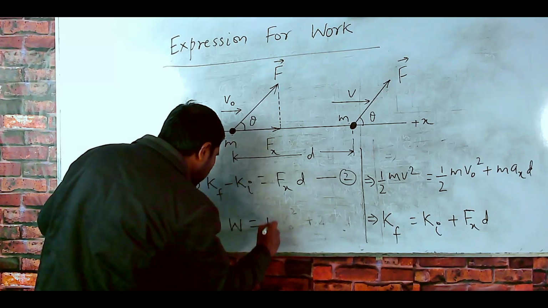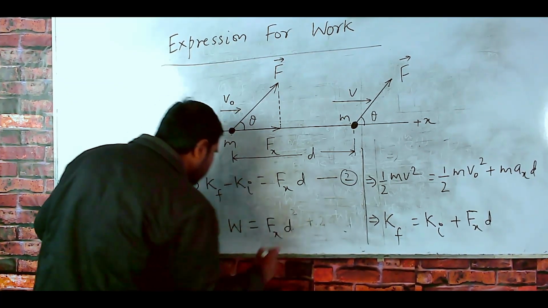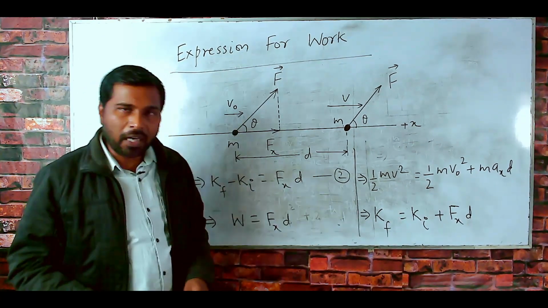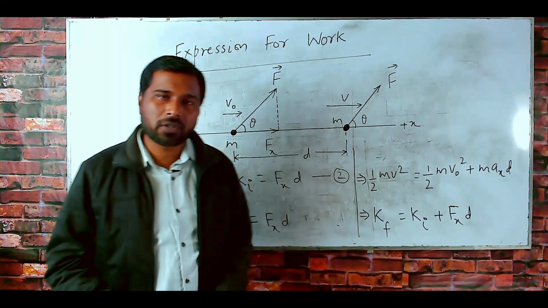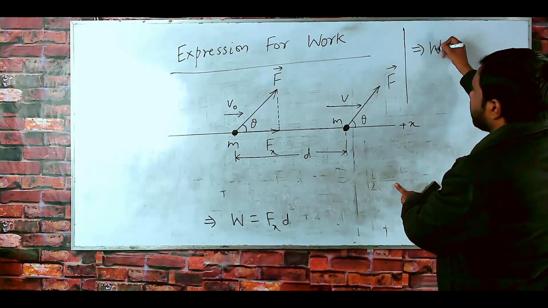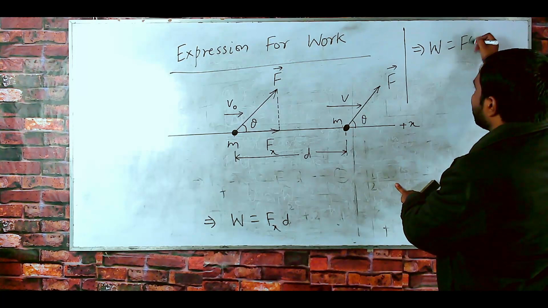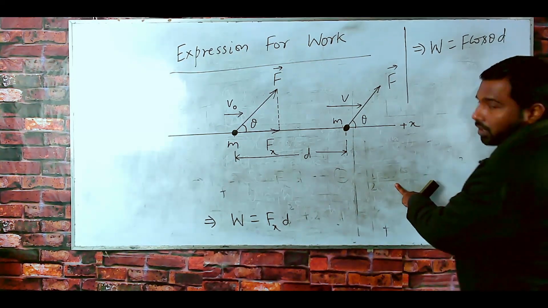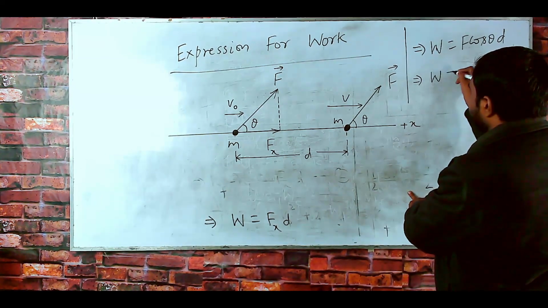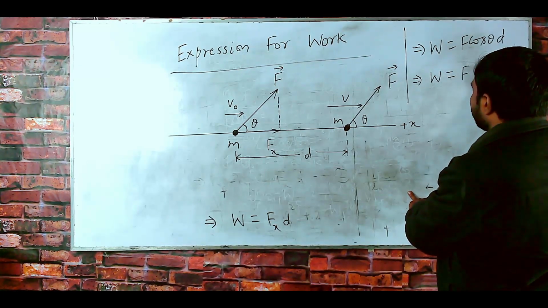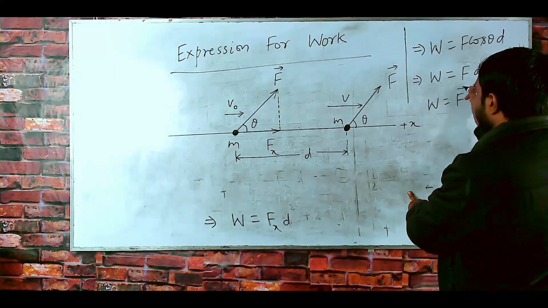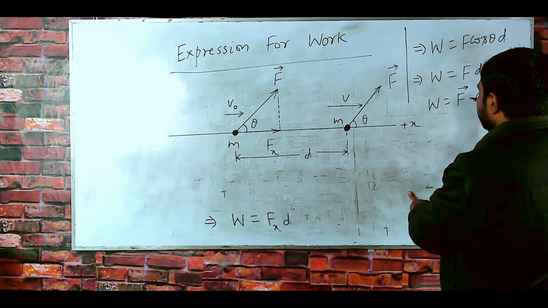We get W equal to Fx into d. Now in place of Fx, we can write F cos theta. W equal to F cos theta into d. We can write W equal to Fd cos theta. W equal to F dot d.